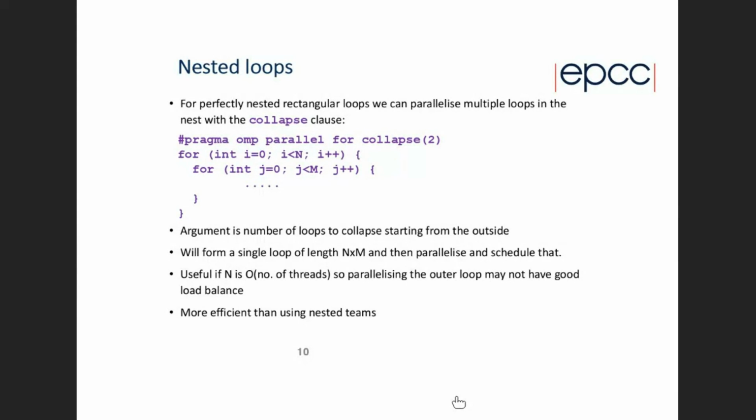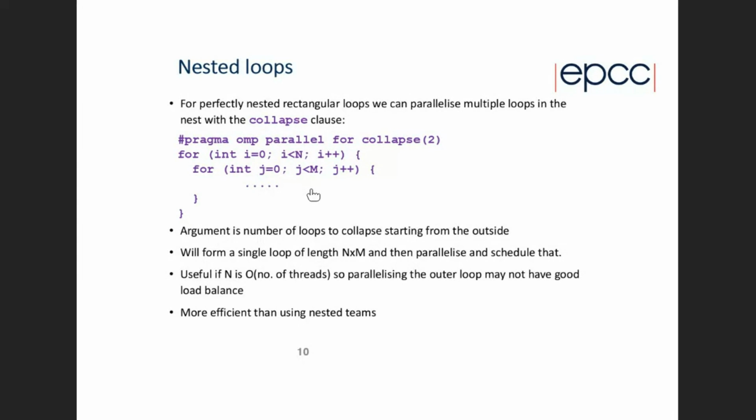Okay, so there's one particular use case where there is a better, or at least cheaper, mechanism for handling it rather than nested parallelism. So if we have so-called perfectly nested rectangular loops, we have a pattern like this: for int i equals 0, i less than n, immediately enclosing for int j equals 0, j less than m, and then possibly more loops inside as well.